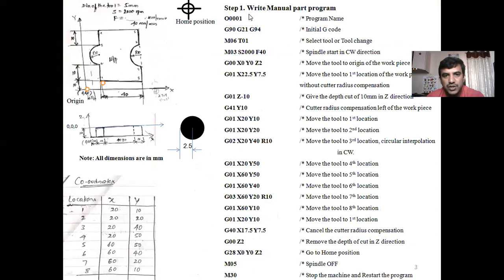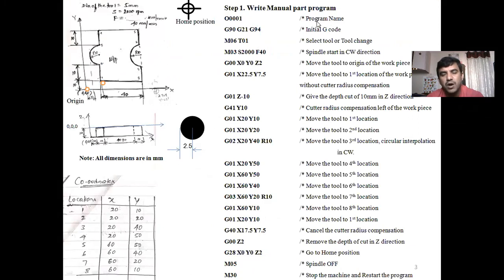After that, as you know how to write the manual part program, we always start with the name of the program. You start with the letter O followed by a 4-digit number. That is the name of the program. Second, the initial G codes such as G90, G21, G94.